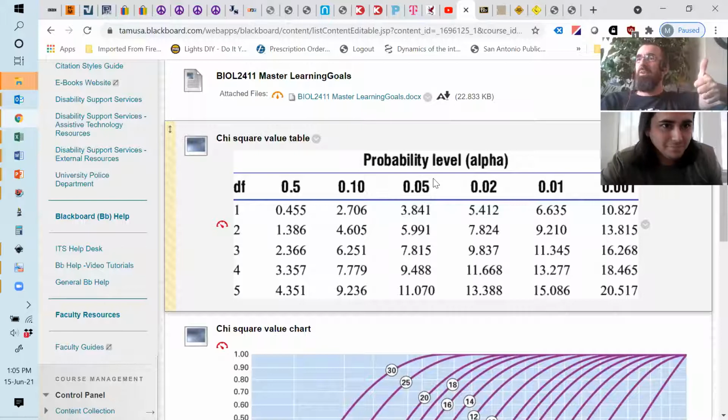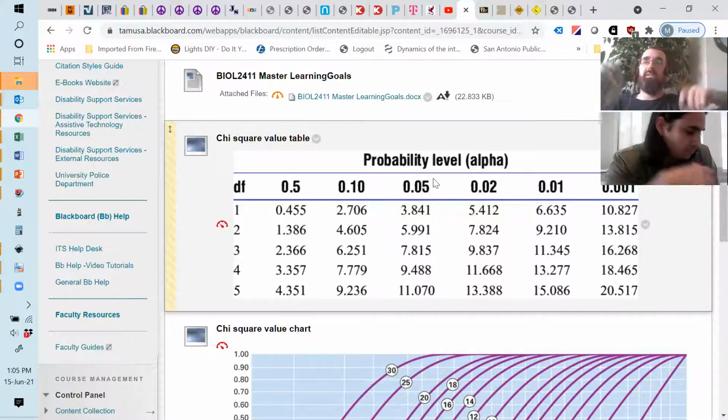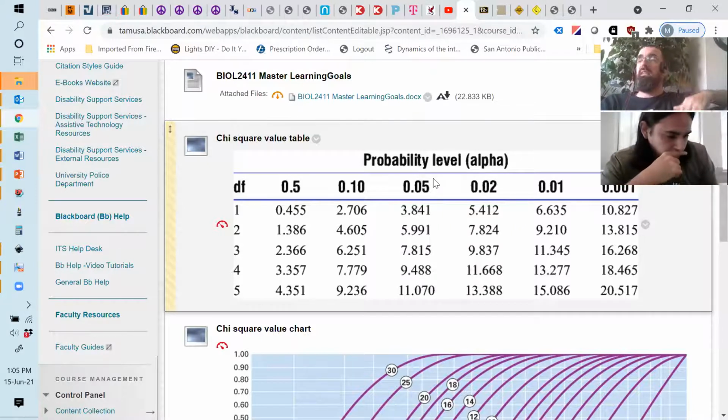Step 1, work out the expected values based on your expectations, which come from your hypothesis. Step 2, work out the chi-squared value by doing that sum, observed minus expected squared over expected, and then add them together. And then work out your degrees of freedom and use those two to work out your p-value.